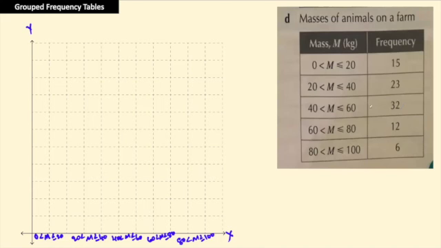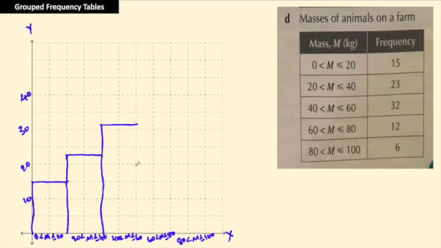So we can take, let's say, this is 10, 20, 30, 40. 0 to 20 is 15. 23. 32. 12.